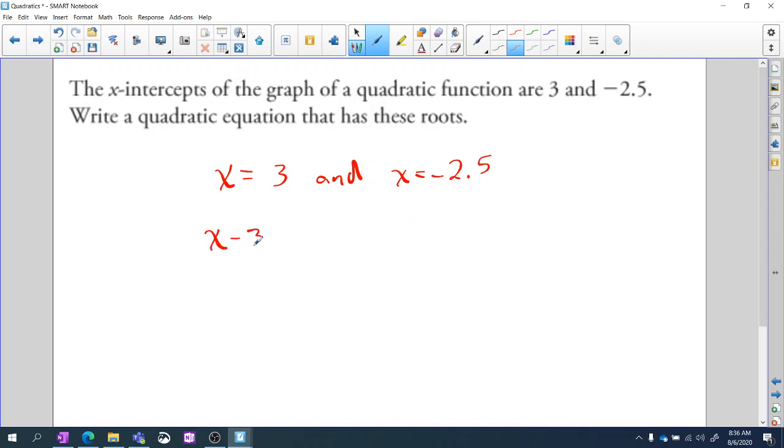x take away 3 must equal 0. x plus 2.5 must equal 0.